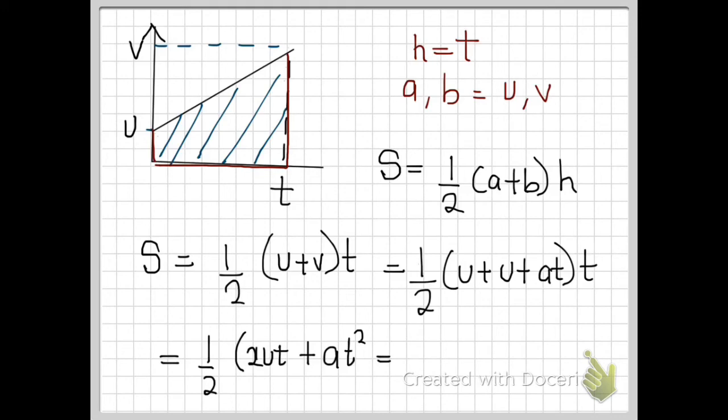And so s would be equal to half of that. 2ut divided by 2 would give us ut, and at squared divided by 2 would give us half at squared. So that makes our second equation.